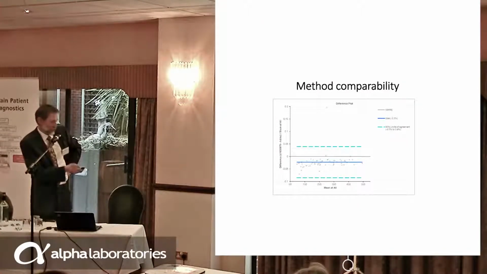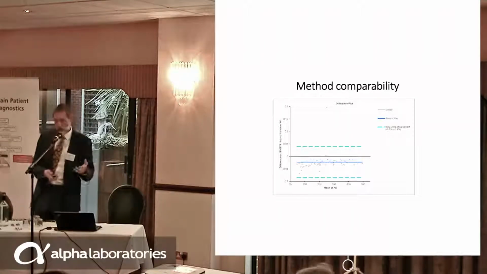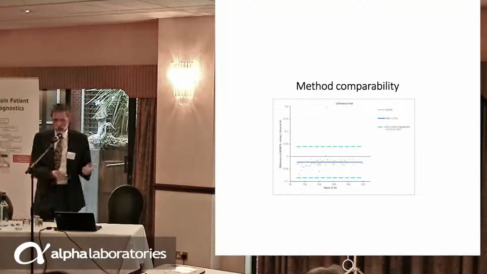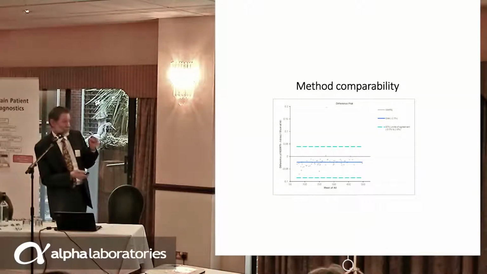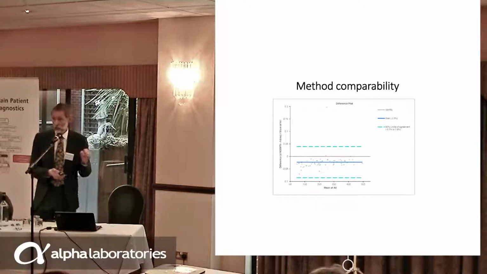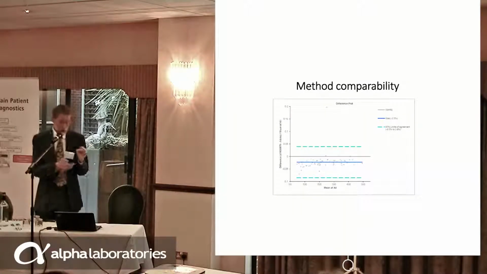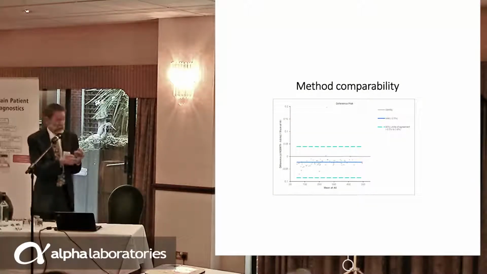But you get the gist that here you've got a consistent negative difference. But when you comment on this, of course, as I said, no two methods ever agree with each other, but this one, 2% difference, and I think this is uric acid again, 2% difference is not going to cause any problems. You may need to refine your reference interval or make some considerations of that.